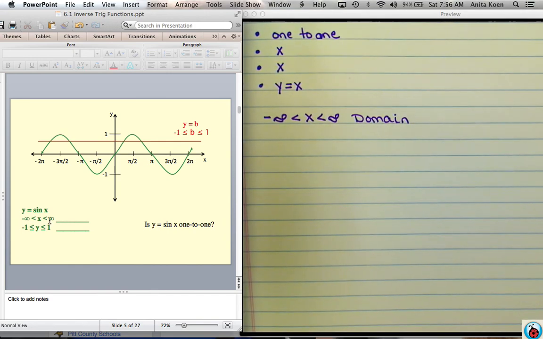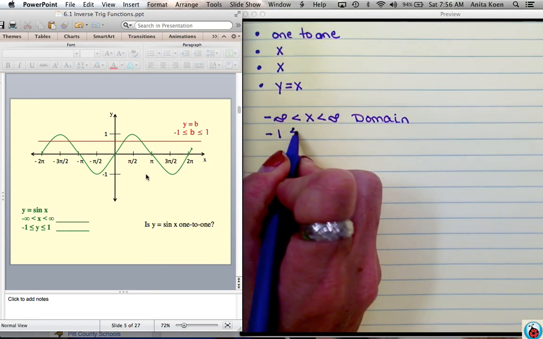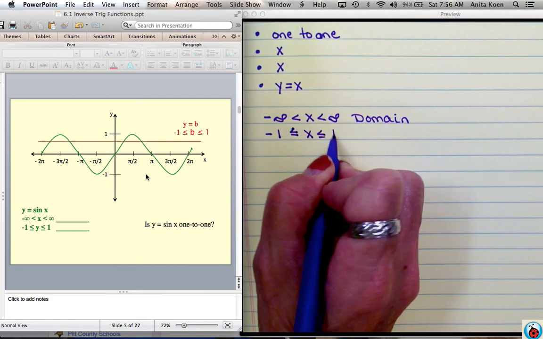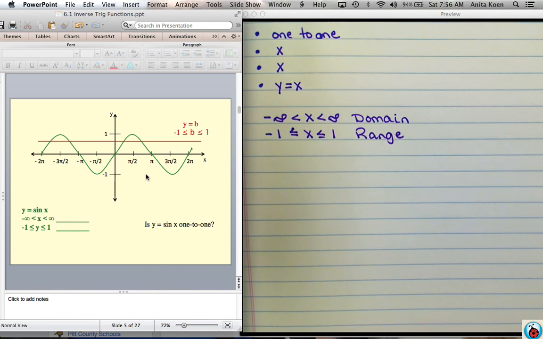So the domain of this function goes from negative infinity all the way to infinity. And the range of this function is from negative 1 inclusive to 1 inclusive. So this is the range. The range goes from negative 1 to 1. The lowest point on this graph is negative 1. The highest point on this graph is 1.